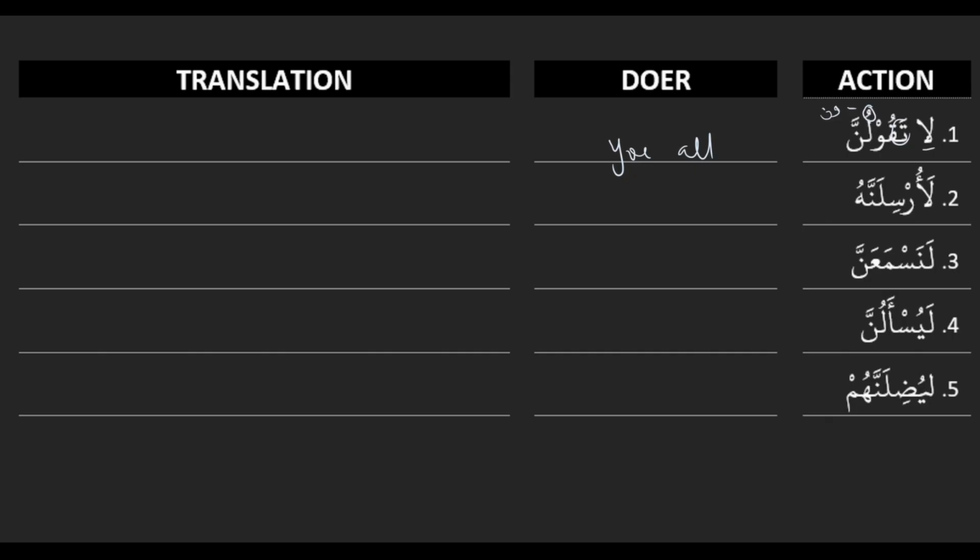Starting with a la, which tells us instantly that it's forbidding. How would we translate a normal forbidding? La taqulunna, you all don't say. And then the way we emphasize a forbidding is don't you dare. So don't you dare say. Is that clear? Okay.